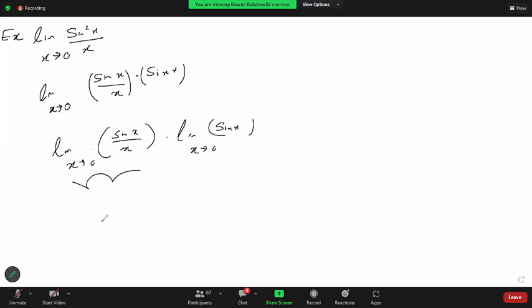Here, simply you can write 1. And what is the value of the limit of sin x when x approaches 0? 0. Then 1 times 0, the answer is 0.